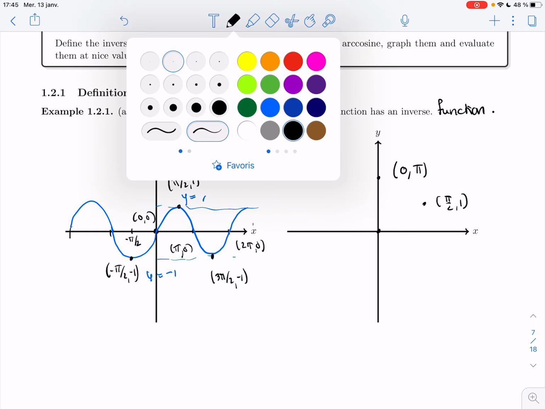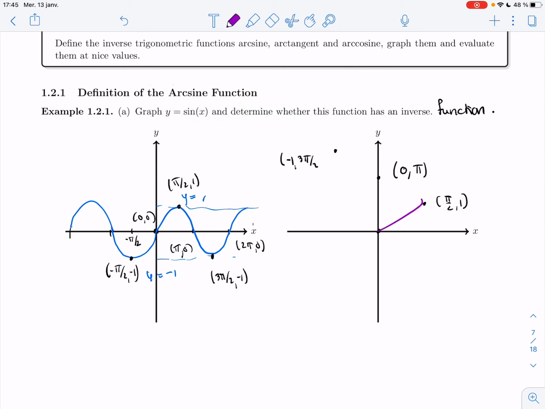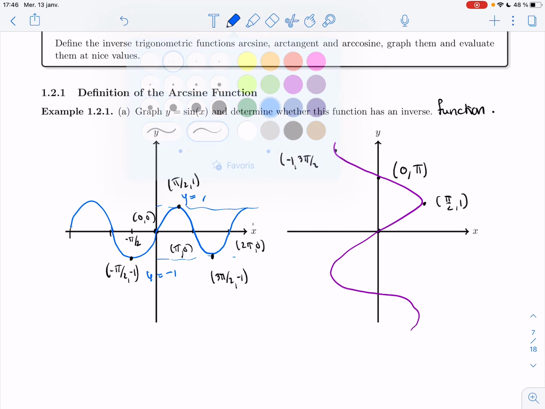And so if I actually sketch this, it's going to look like this, like this, like this, and the same thing on the other side. Sorry, this is a bit off. So the sine wave is now going vertically. All right, so the question is, is this potential inverse a function? Well, it isn't, because if I look at different values, even for something like 1, we have a problem.